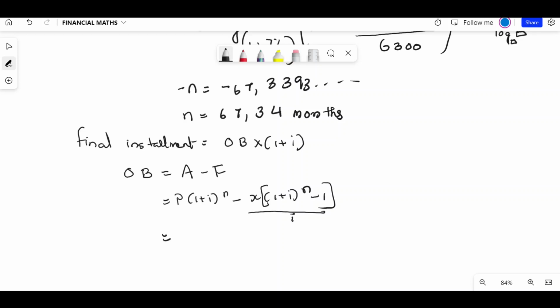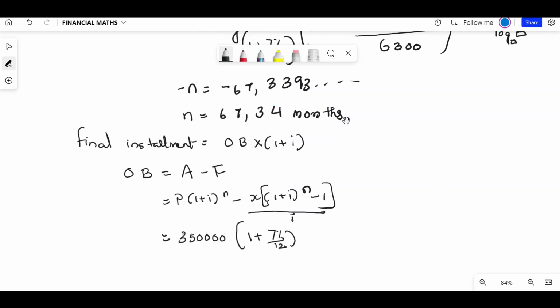Let us substitute. P is the loan amount here, which is 350,000 times (1 plus 7% over 12) to the power n. Before I write the n here, let me make you understand one thing.